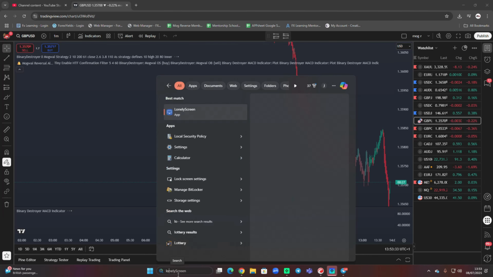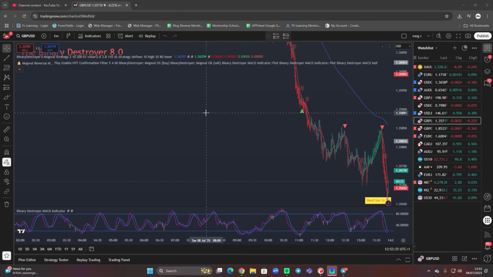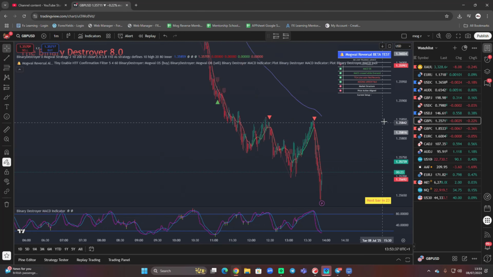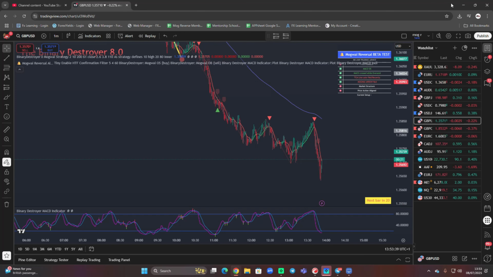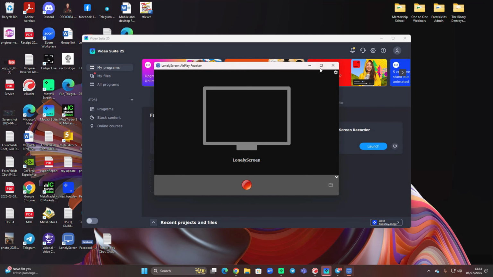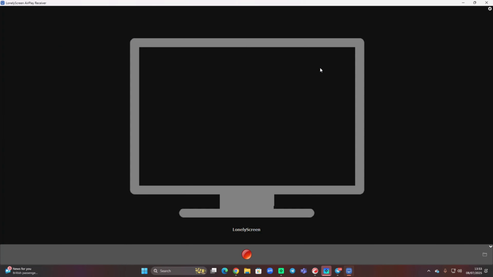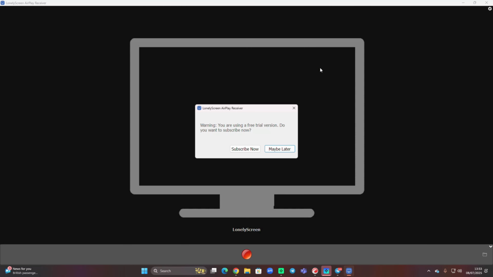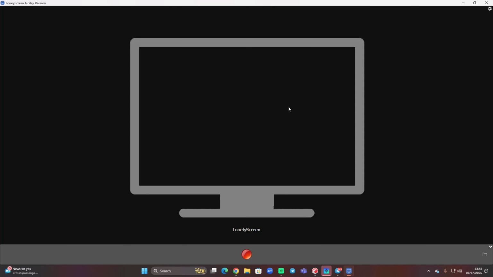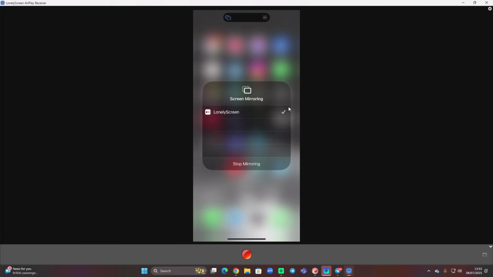So if I just load up my mobile phone, we are going to go over an example, or we'll try and find a trade and show you how I do my analysis. So let me first of all just connect my mobile phone, and you're going to be able to see it all, because I get this question asked a lot: how do I place my trades, or how do I look for trades off my mobile phone?